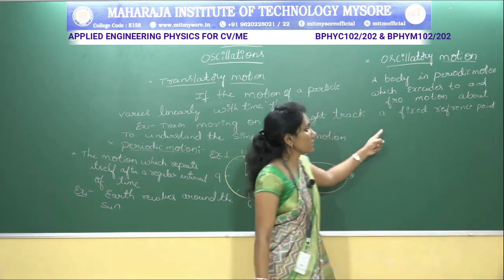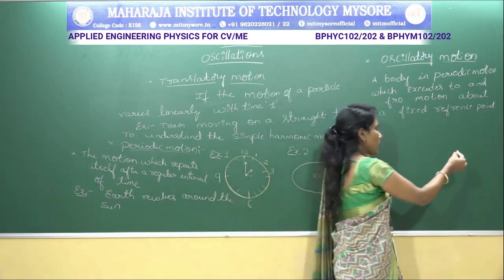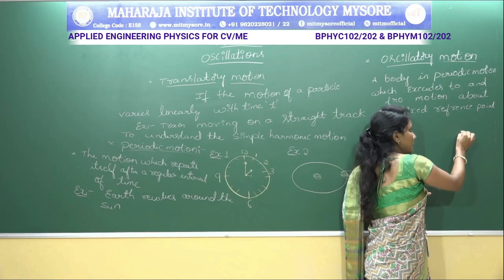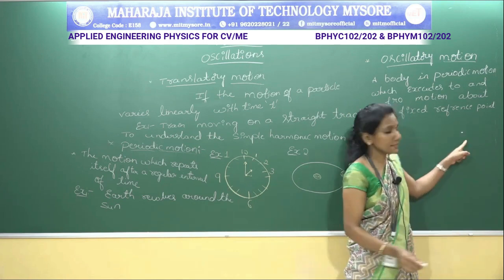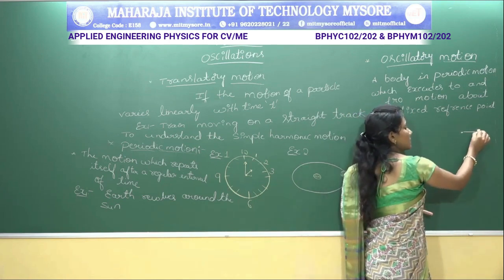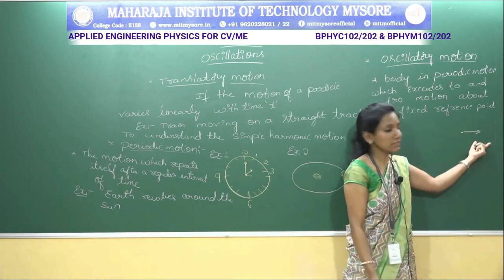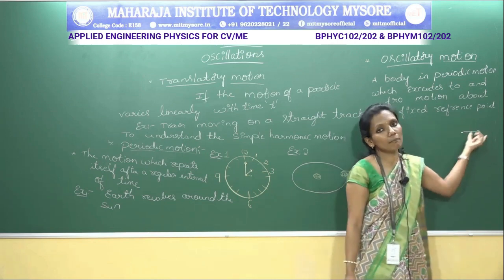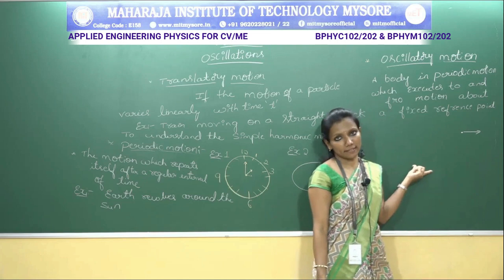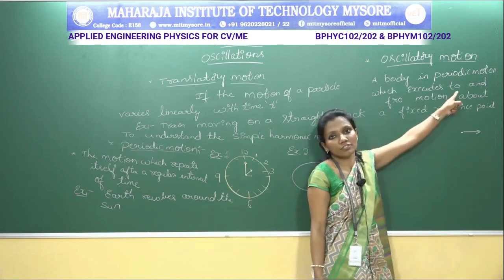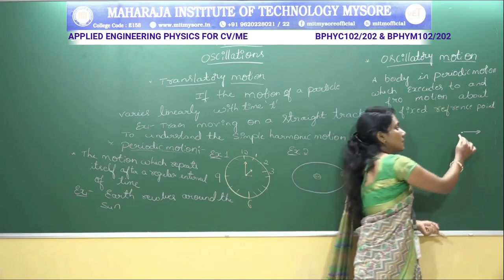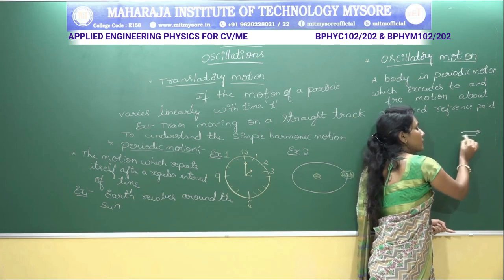That means if we consider any particle, that particle will travel some distance, and after traveling some distance it will come back along the same path. That is what we call the to and fro motion about the fixed reference point.